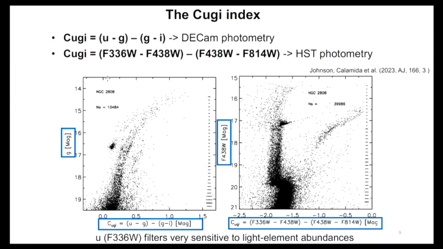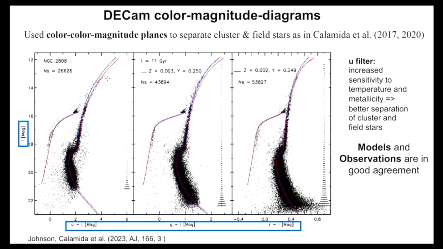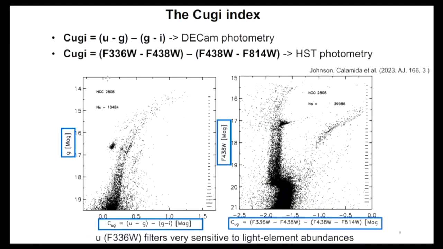The stellar subpopulations with different sodium and oxygen abundance, they split. And by eye, you'll see, oh, now instead of one red giant branch that I was seeing here, I see two or more.